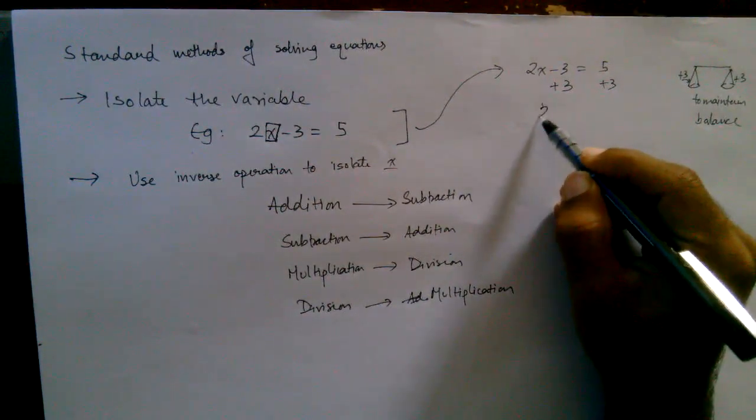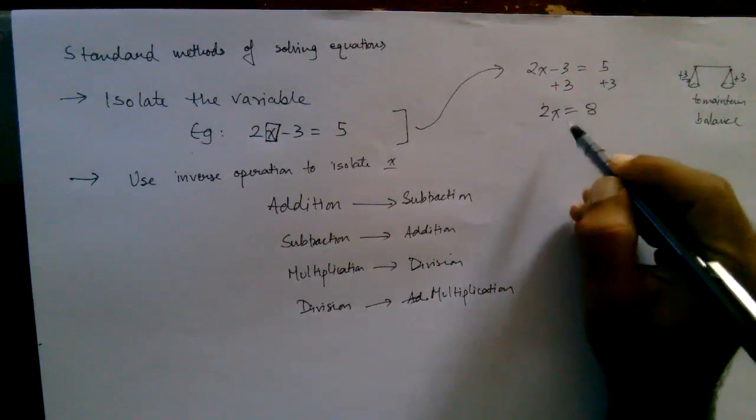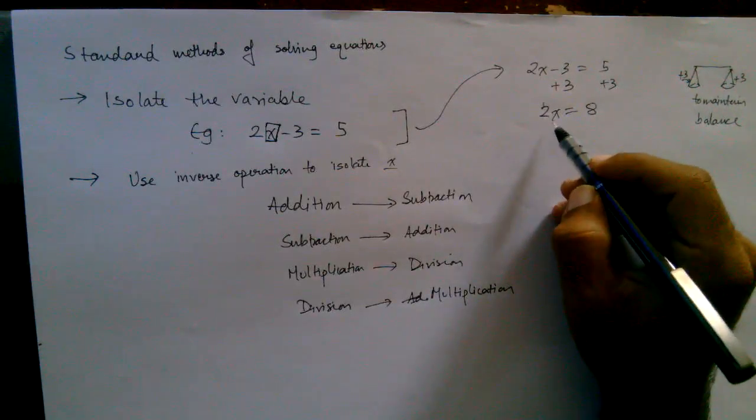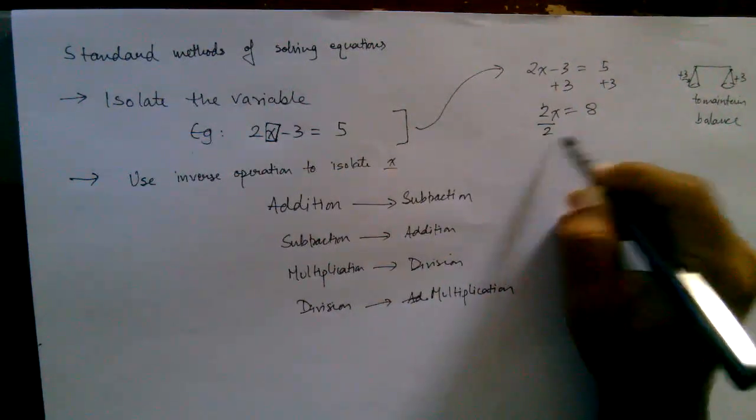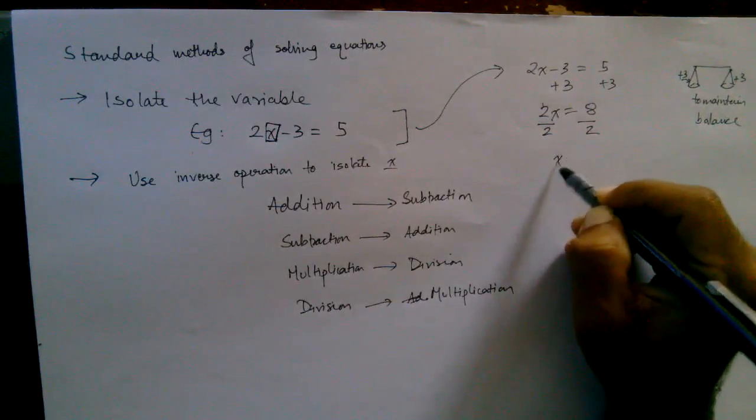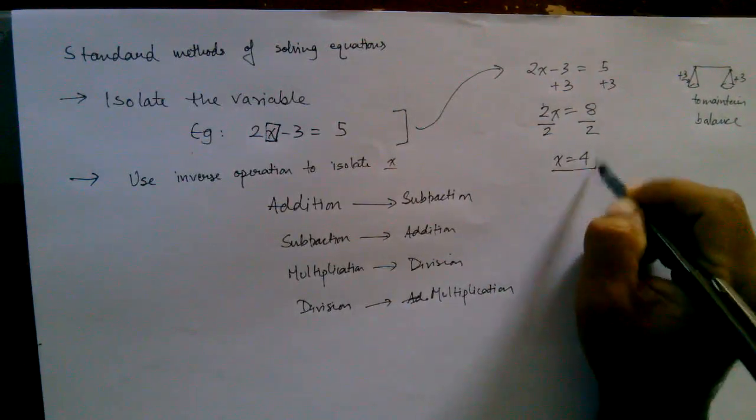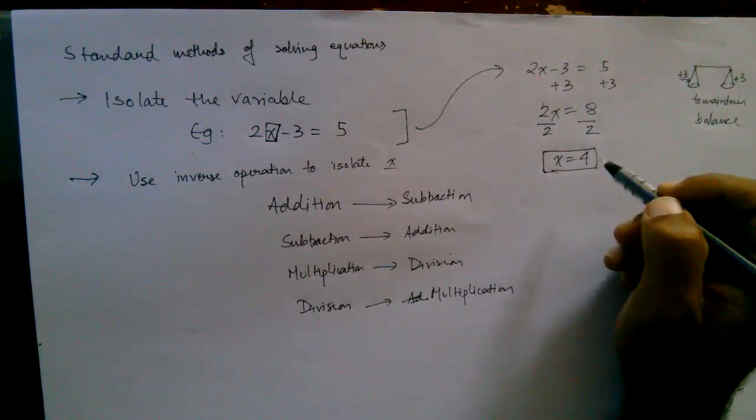So I end up with 2x equals 8. Now 2 is attached to x via multiplication, so I'm going to divide by 2 to get x equals 4, which is the same solution that we had before.